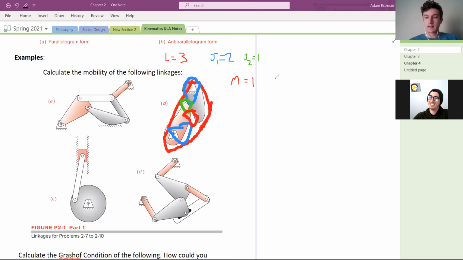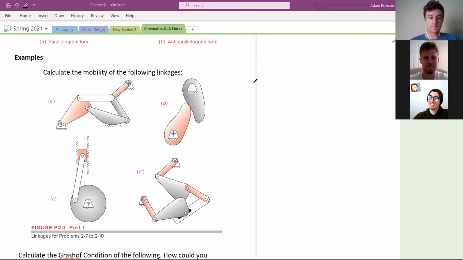Thank you. Would anyone else like to try a problem? Yeah, can I try C? Sure, go ahead. All right, so for the links, there'd be one link for the ground, plus 2 would be the circle, 3 would be that white connector, and then 4 would be the red square. So it'd be 4 links.